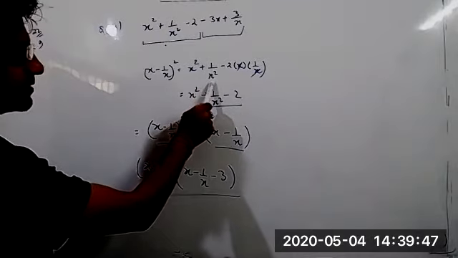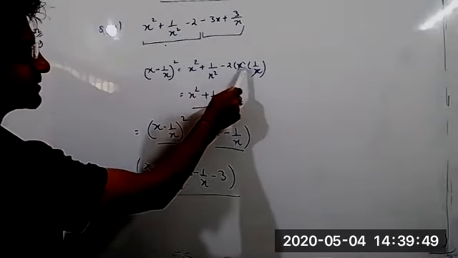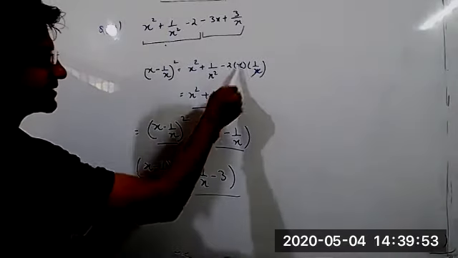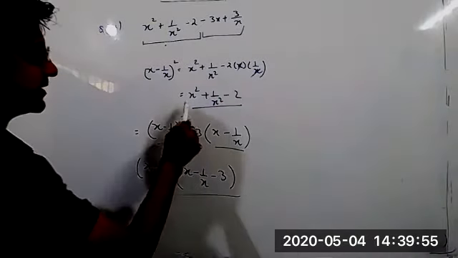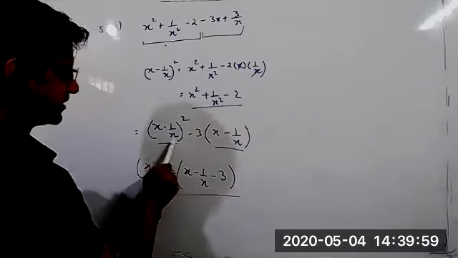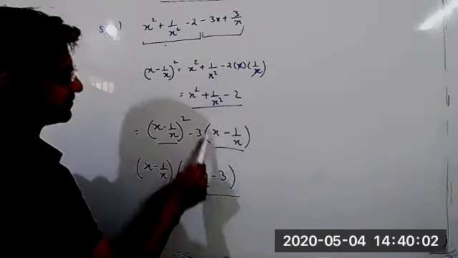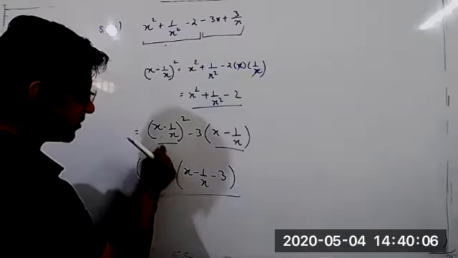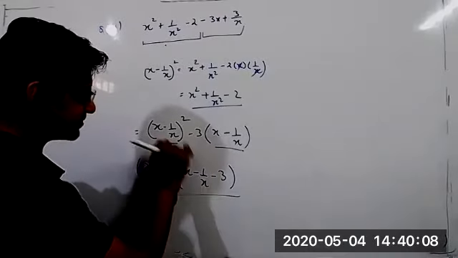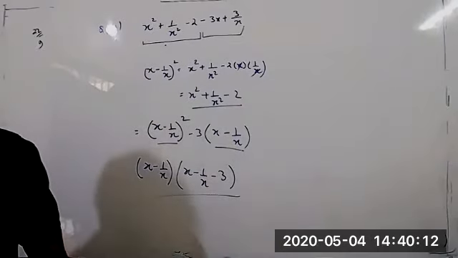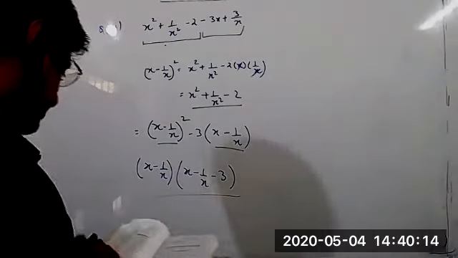So 1 by x square minus 2 into x into 1 by x. So this x gets cancelled. What is left out? x square plus 1 by x square minus 2, which we can write in this form. Minus 3 we have taken, this one left out. So if you take x minus 1 by x common, what is left out? x minus 1 by x, because this was square, minus 3. Got it? Yes, sir.